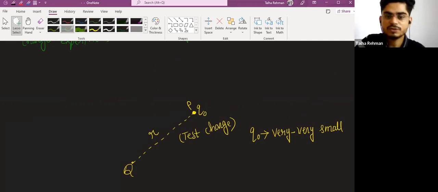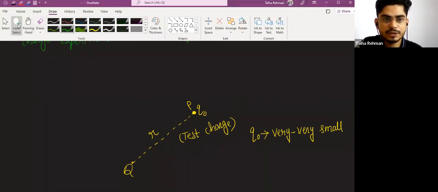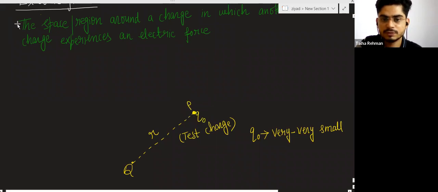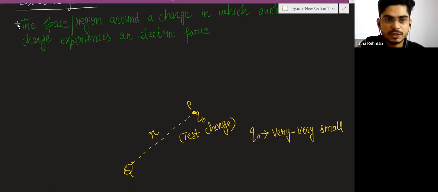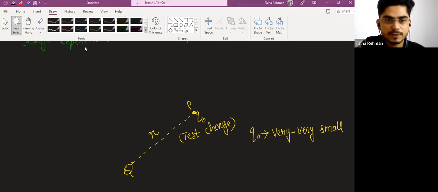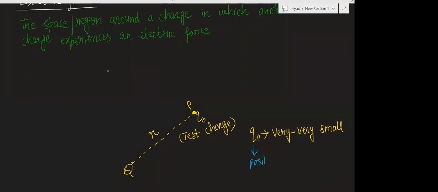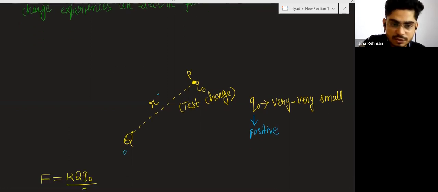We will now see what the direction of the electric field will be at this point P. This test charge is placed at point P. I am taking this test charge as positive. This charge is known as the test charge, and this charge is known as the source charge.